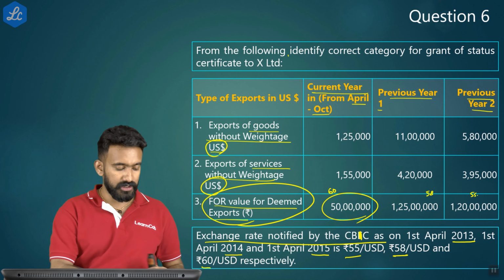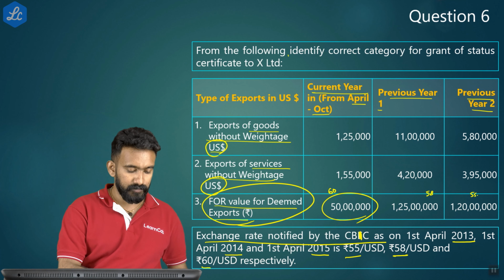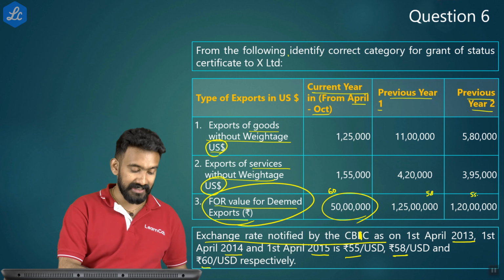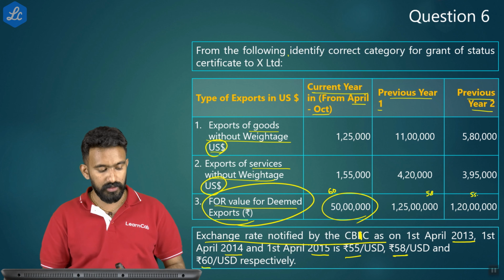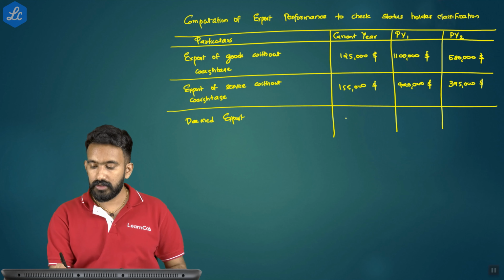First case, 50 lakhs. 50 lakhs divided by 60 will give you 83,333, let's round off, dollars.